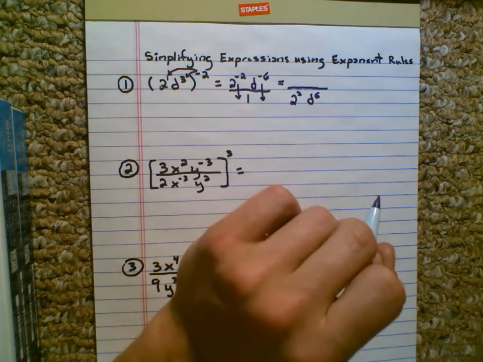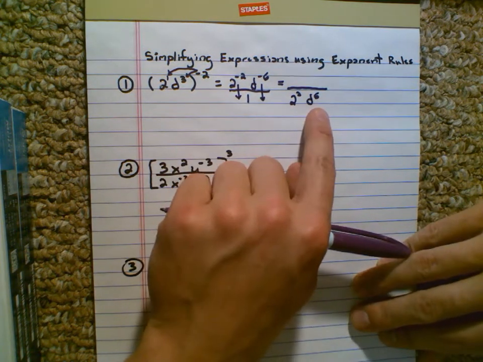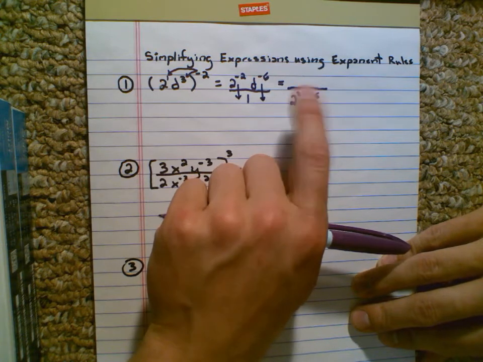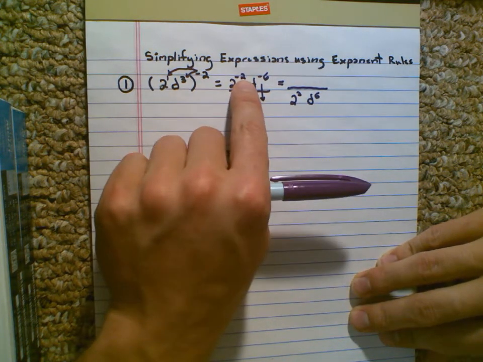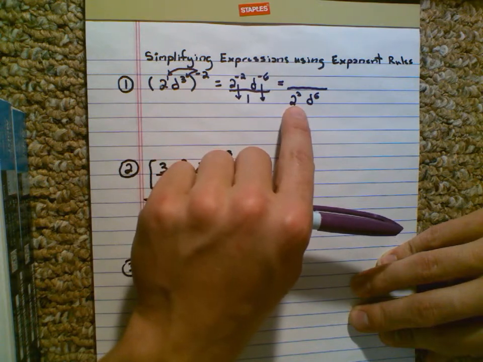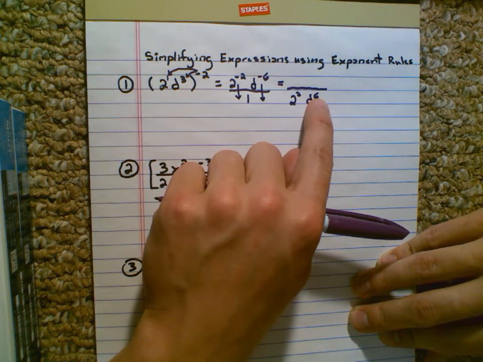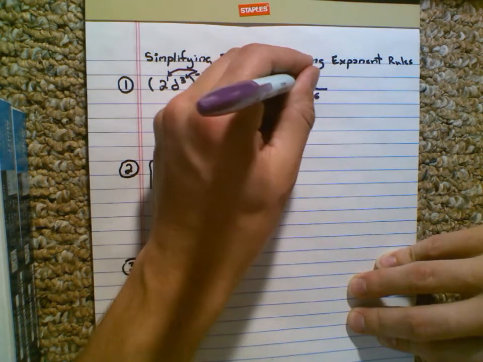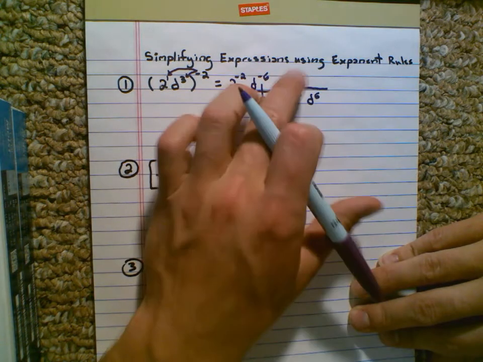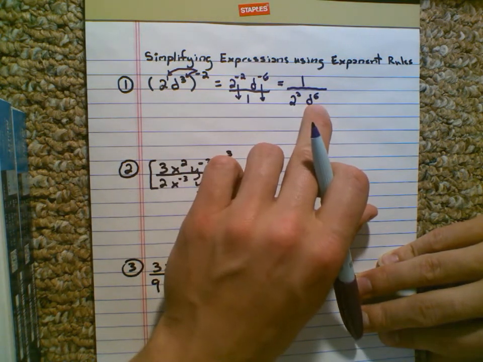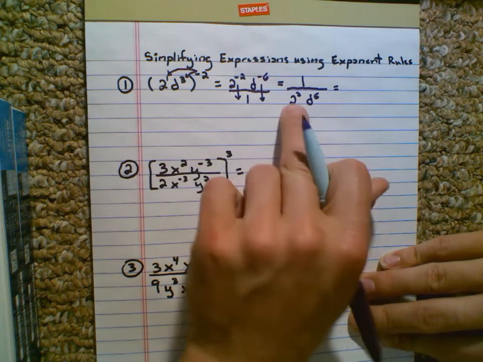Now I cover in another video why they move to the bottom and become positive. But after you know why, you just need to remember that negative exponents will drop to the bottom and will become positive exponents. Okay, and then we have a 1 on top. So it's going to be 1 over 2 squared d to the sixth. Then we just need to simplify what is 2 squared.